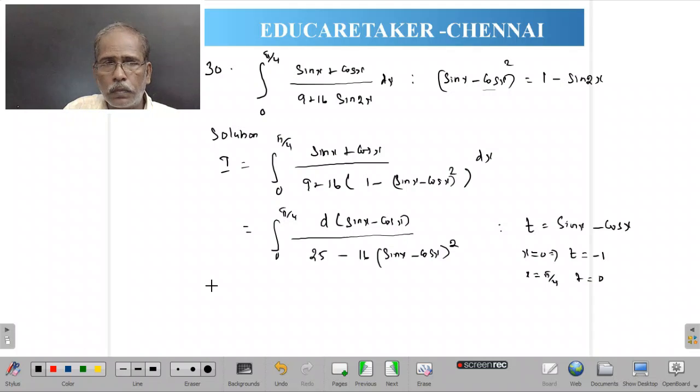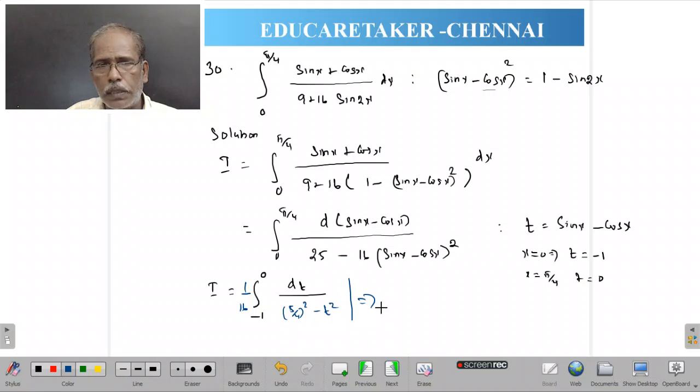Now I will be equal to, with the lower limit minus 1 and upper limit 0, dt by, if we take 25 outside, not 25, we have to take 16 outside, 1 over 16, this is (5 by 4) the whole square minus t square.